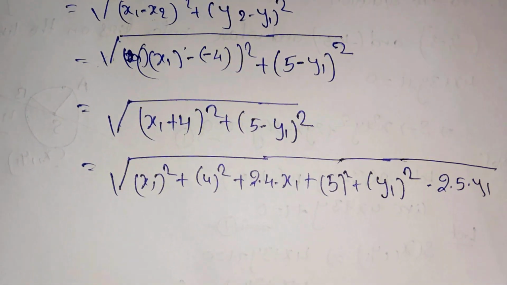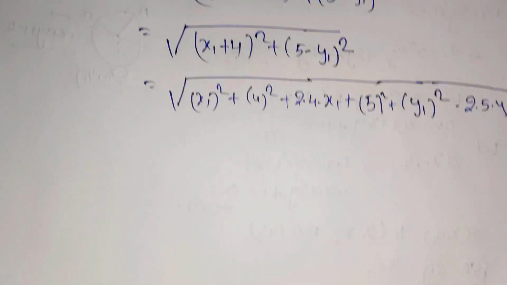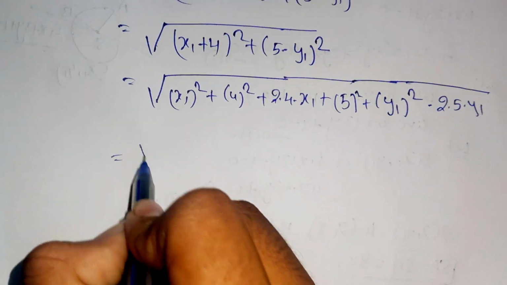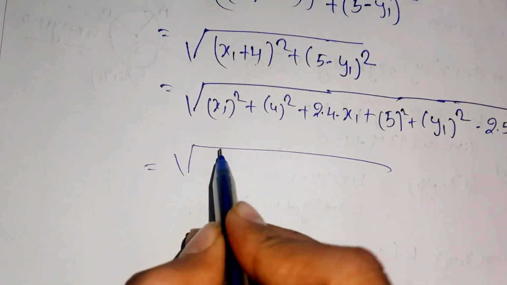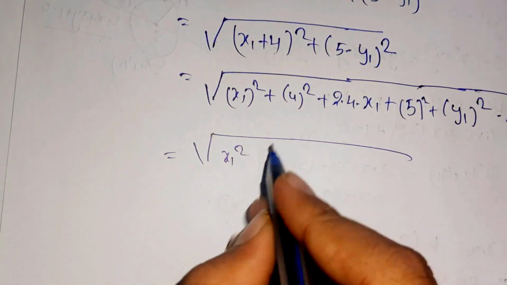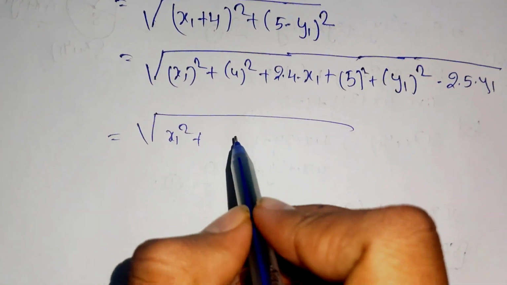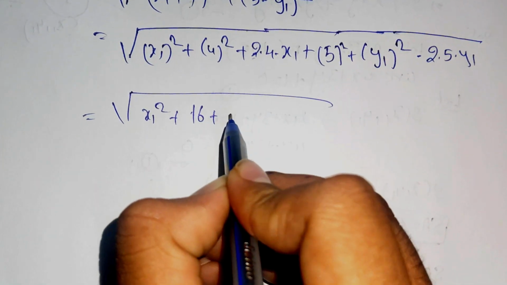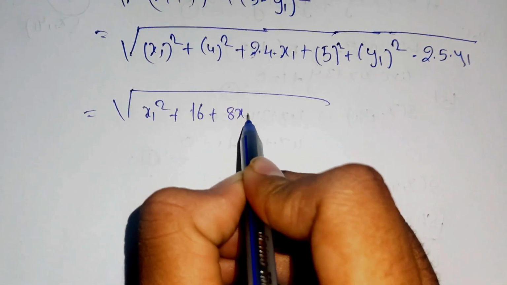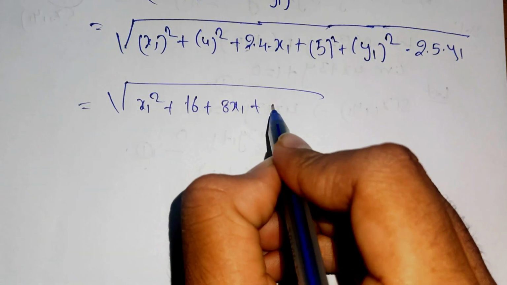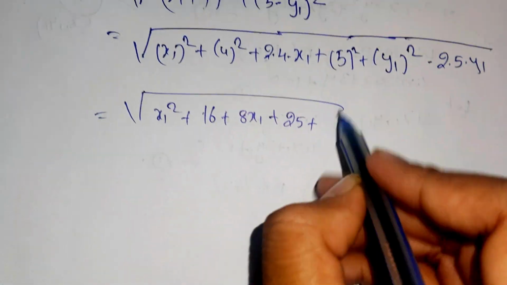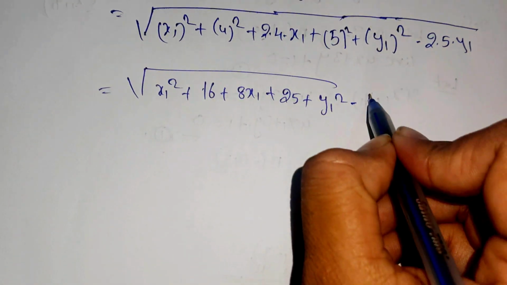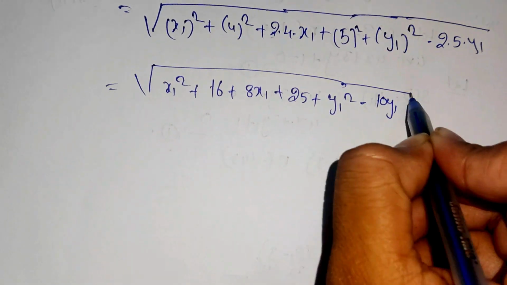So this is the expression we get. And now it's time to expand: x1 square plus 4 whole square means 16, plus 2 4s are 8x1, plus 25 plus y1 square as it is, minus 2 5s are 10y1.